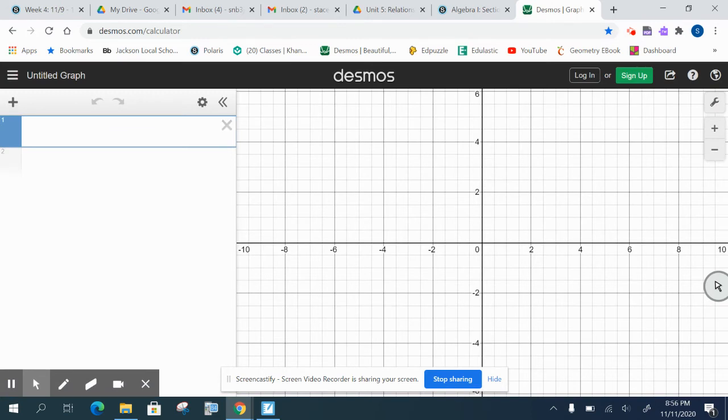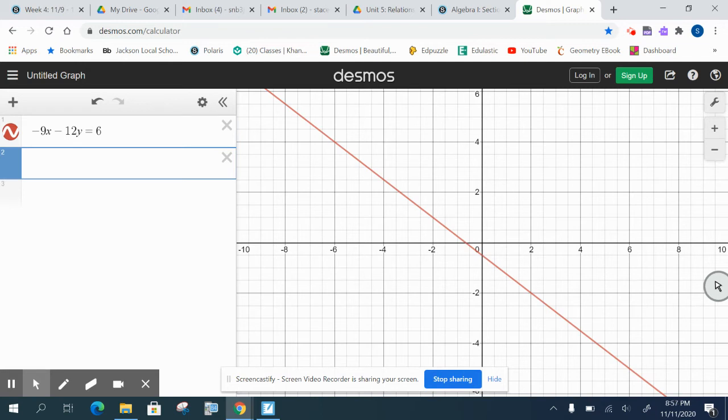And I want you to type in the original equation, so -9x minus 12y. I don't know if you can make a split screen in your Chromebook so that you can still be watching the video. But anyways, go ahead and do the equivalent one, 3x plus 4y equals -2.